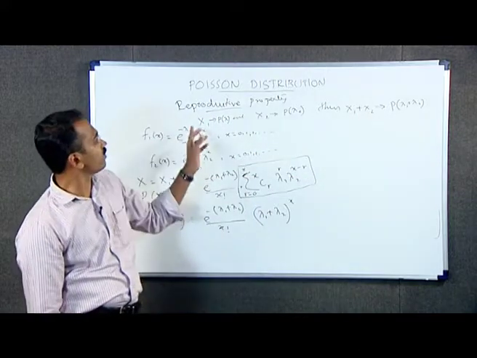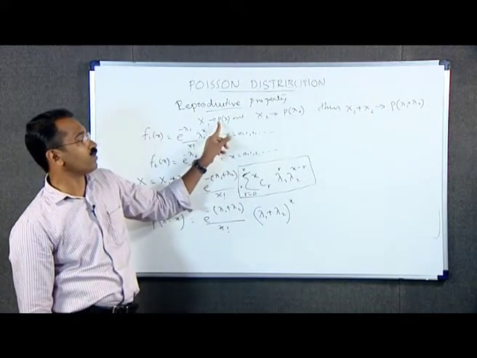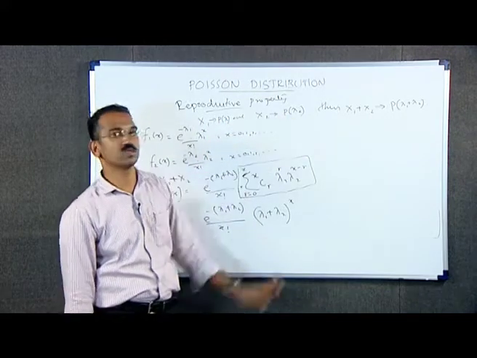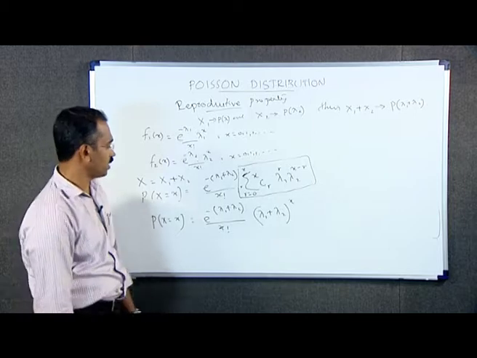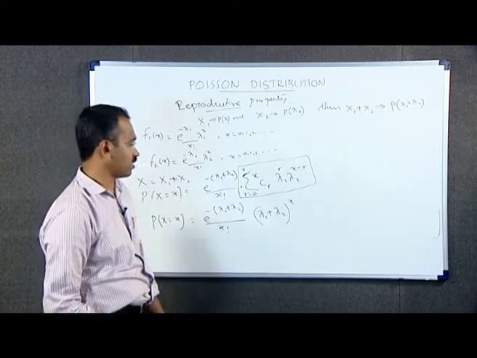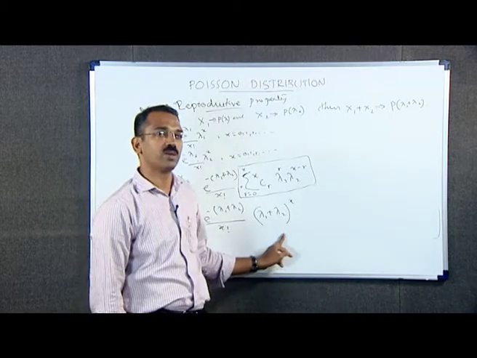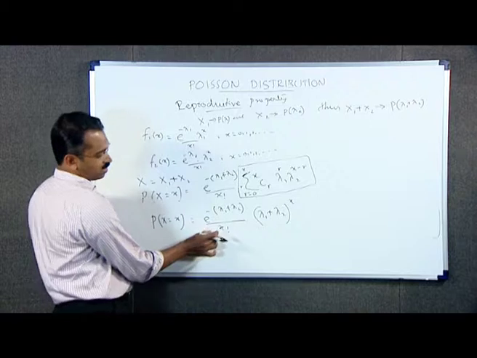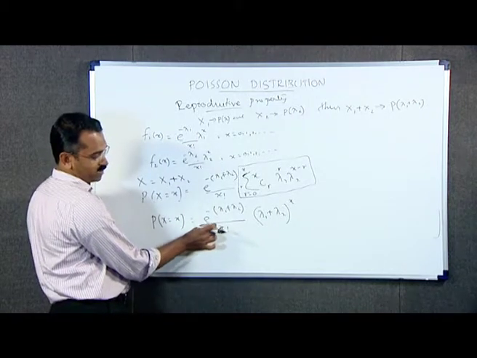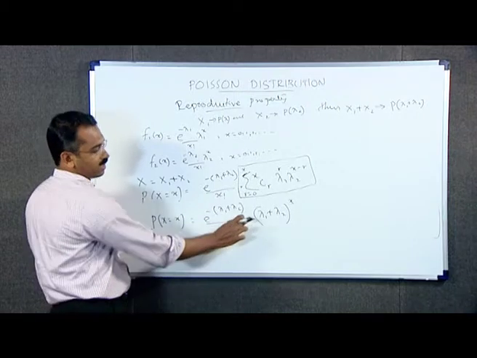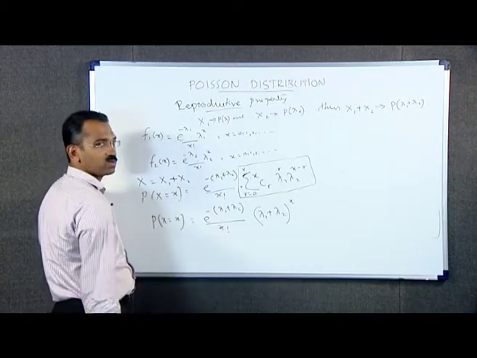That is, if x1 follows a Poisson distribution with parameter lambda 1 and x2 follows Poisson distribution with parameter lambda 2, then x1 plus x2 follows a Poisson distribution with parameter lambda 1 plus lambda 2, because this is in the format of PMF of Poisson distribution, e raised to minus lambda, lambda raised to x divided by x factorial.